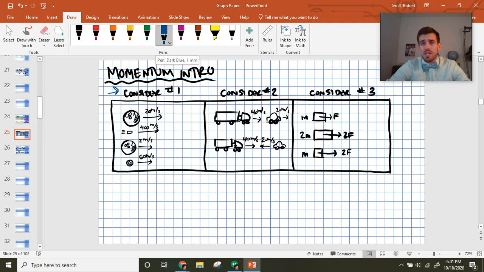So the first thing that we need to realize is that when we're talking about momentum, we're not talking about mass or just velocity. We're talking about the two of them together, and they exist in this equation right here, p equals mv. So this is the equation for momentum, but if we're trying to describe it in words, we would just call it the mass in motion.